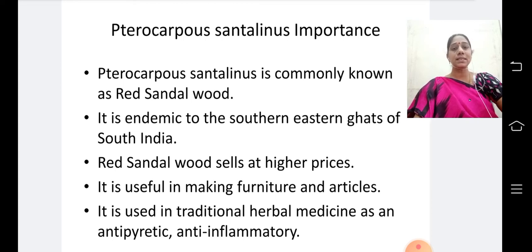Red sandalwood sells at higher prices. It is useful in making furniture and articles. It is used in traditional herbal medicine as an antipyretic and anti-inflammatory. The wood is largely used for house posts and agricultural implements. The wood shavings give a blood red colored dye, santalin, on distillation.